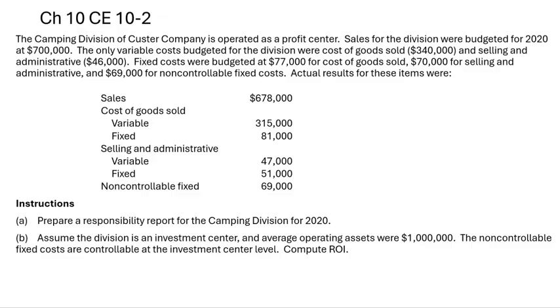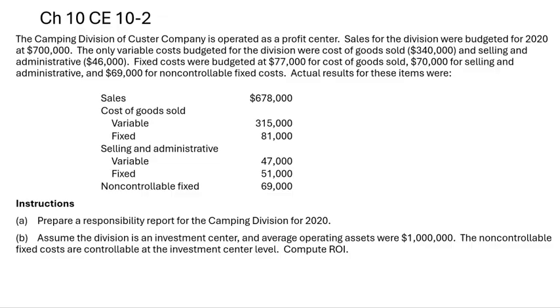So we're going to take all these costs into account except for the non-controllable fixed costs. And we're going to prepare that responsibility report for the camping division. Then we will look at what if the division was an investment center, bring in our non-controllable fixed costs because it's controllable at the investment center level, and then we'll compute the ROI.